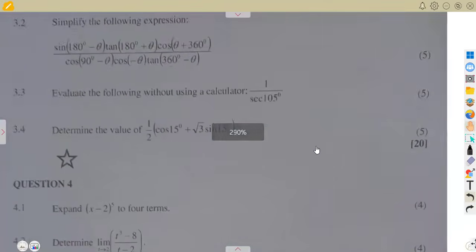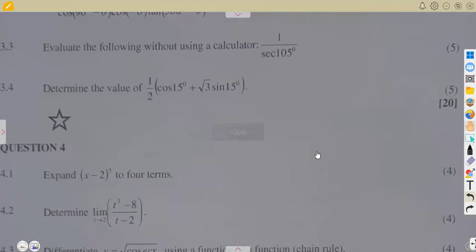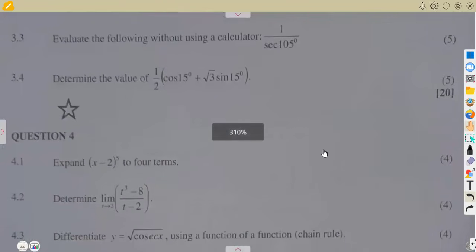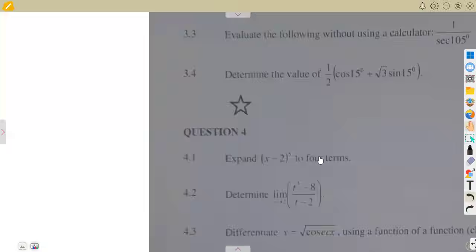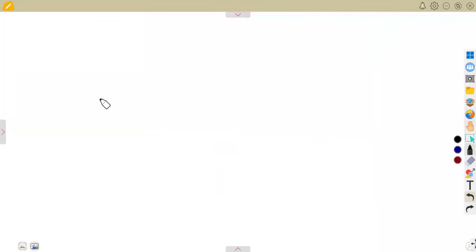Evaluate the following without using a calculator. 5 marks again: 1 over the sec of 105. Okay, why 5 marks? Let's see. Without the use of a calculator, sec 105 degrees. What is the sec, where is it taken from?